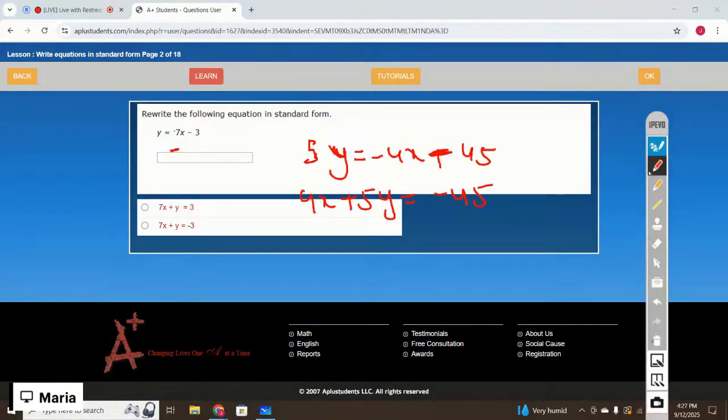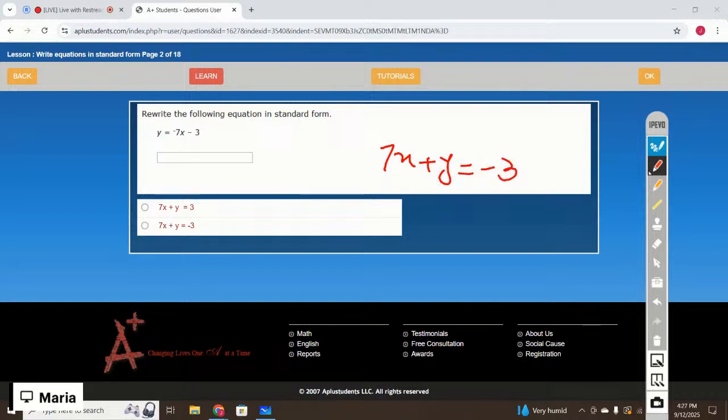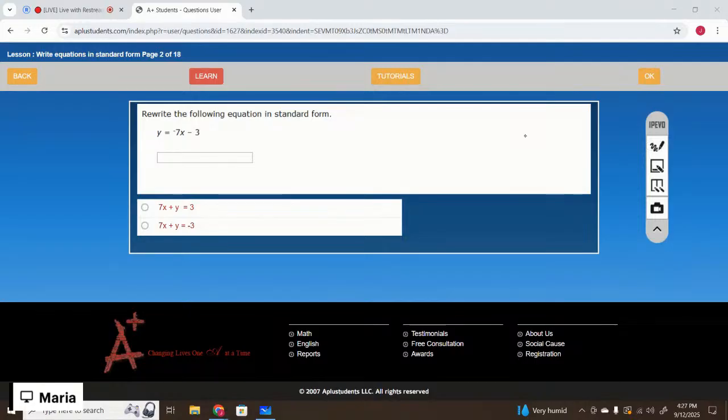That would be 7x plus y equals negative 3. Option number 2 is the correct option. That is 7x plus y equals negative 3.